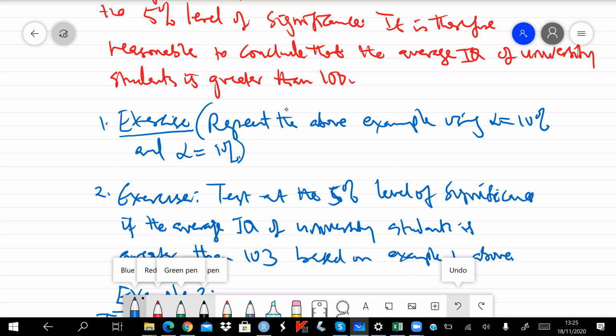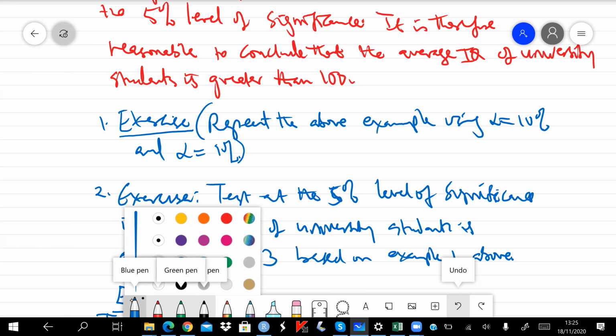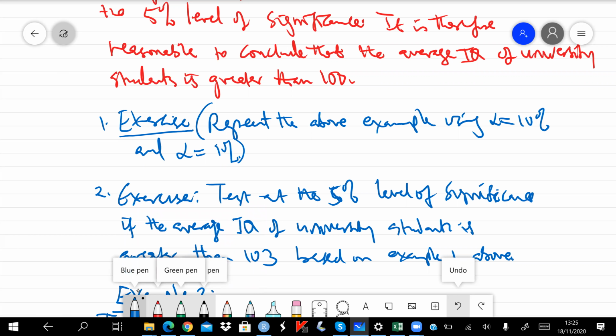In the second exercise, you test at the 5% level of significance if the average IQ of university students is greater than 103, based on the information from example 1 above.